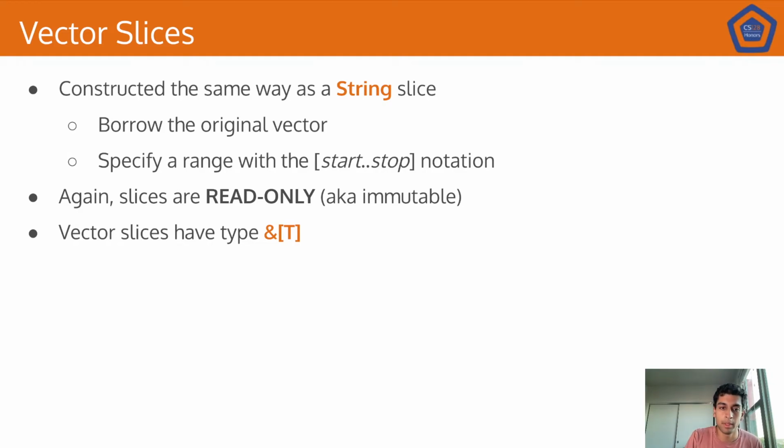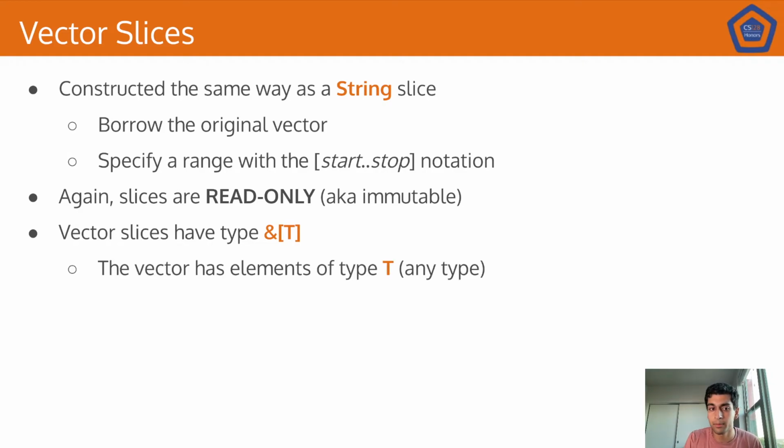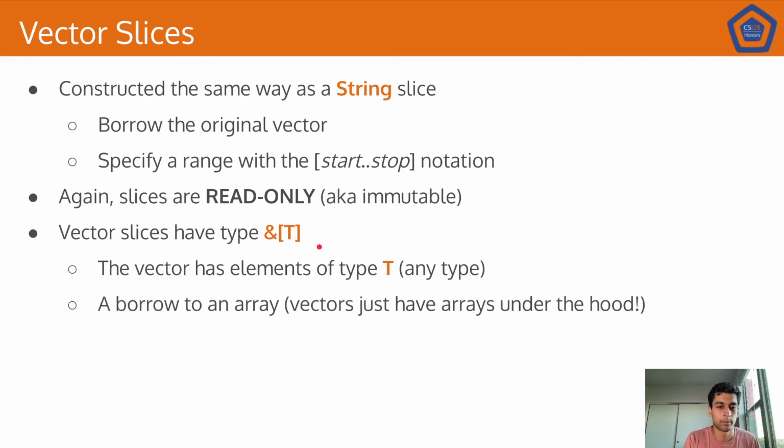We'll be going over these in lecture 10, I believe. This just means that the vector can have elements of any type, and T is just a variable to represent that. So your vector slices are a reference to some array, so a reference plus some length. And vectors just have arrays under the hood, so a borrow to an array makes sense.